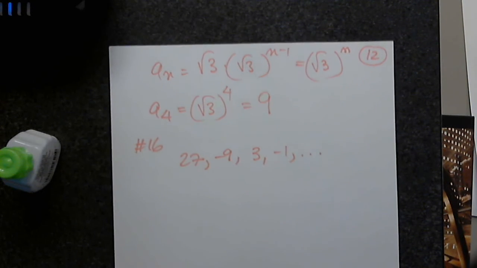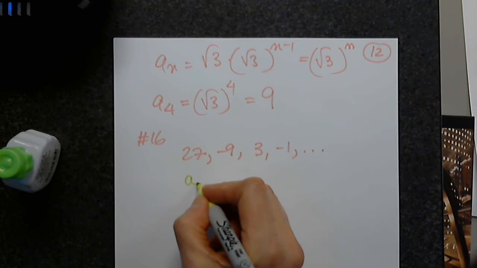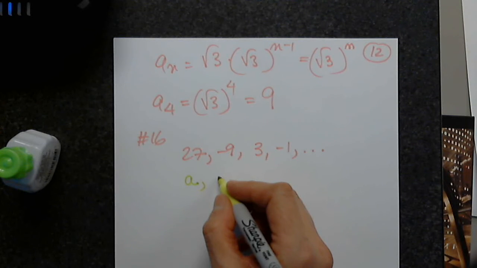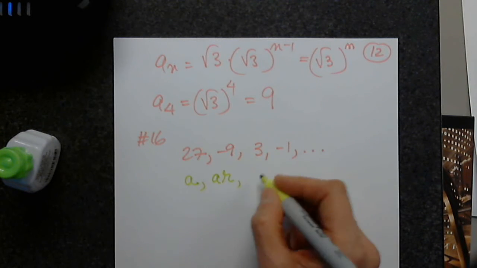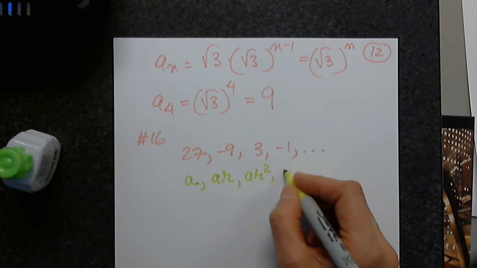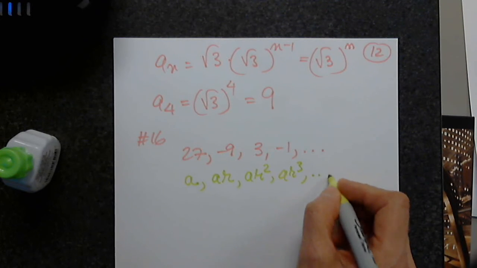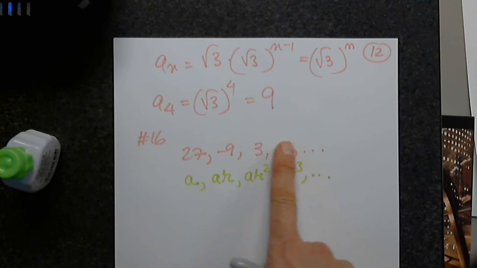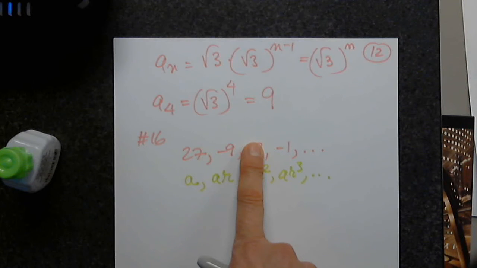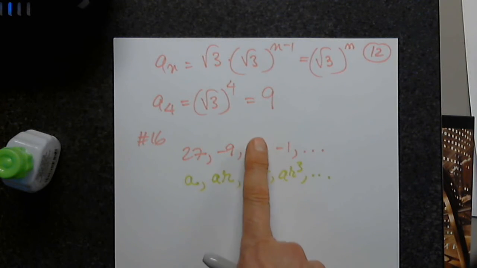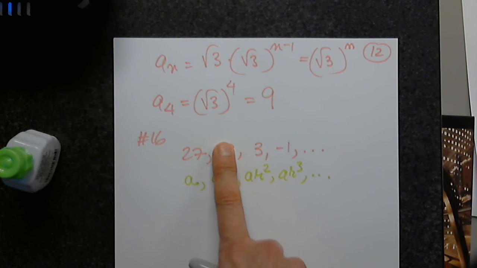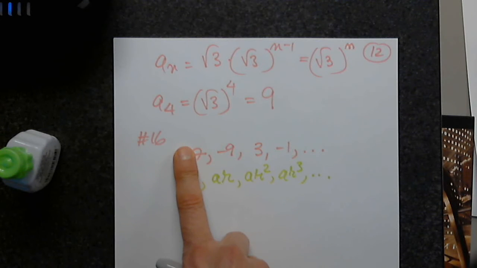Remember, if it is geometric, this is a, the next one is a times the common ratio, a times r squared, a times r cubed, which means when I divide this by this, I have to get the same number as when I divide this by this.